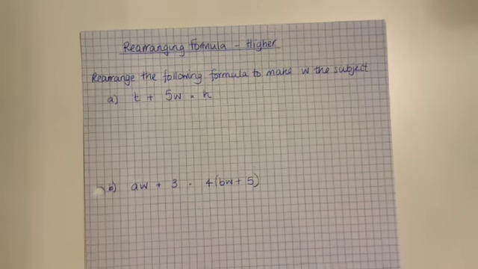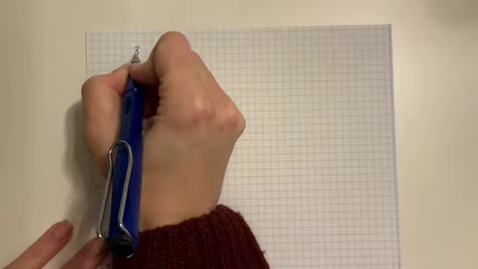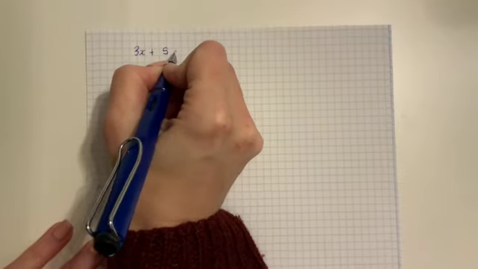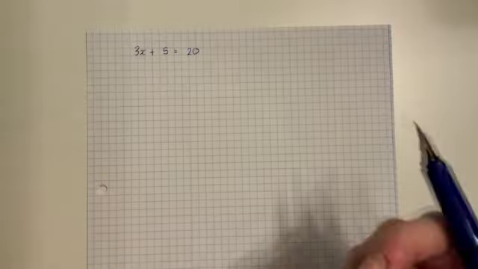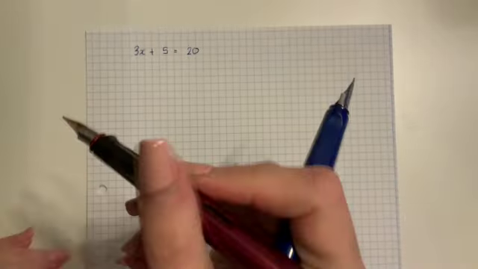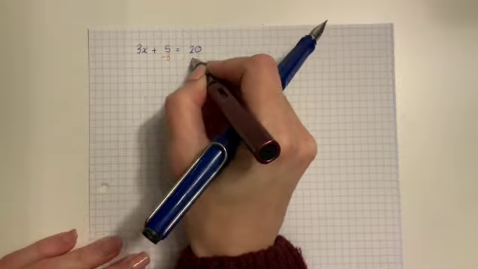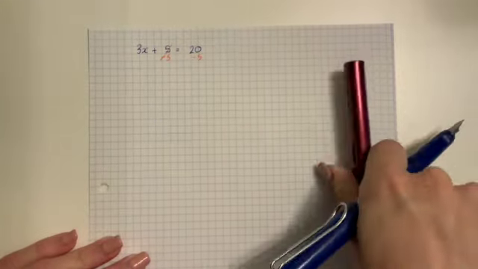If we were doing a question where it was solving an equation, so let's say we had 3x plus 5 equals 20, basically what we're doing is we're making x the subject of the formula. So we're getting x on its own. As a reminder, you would take 5 from each side to get rid of that part.